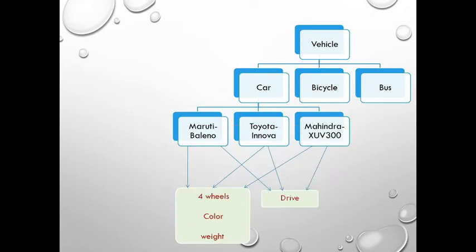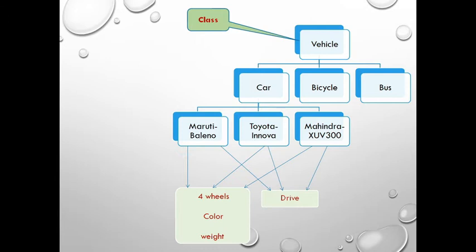Here we have an example of vehicle, then car, bicycle and bus are from the vehicle category. So, vehicle is known as a class, a main category. Here, a class is a user-defined data type.